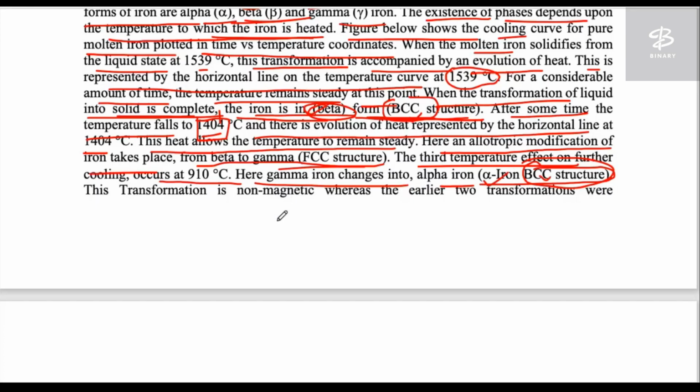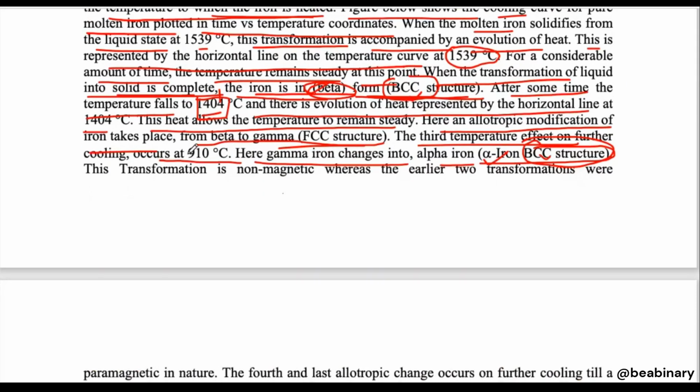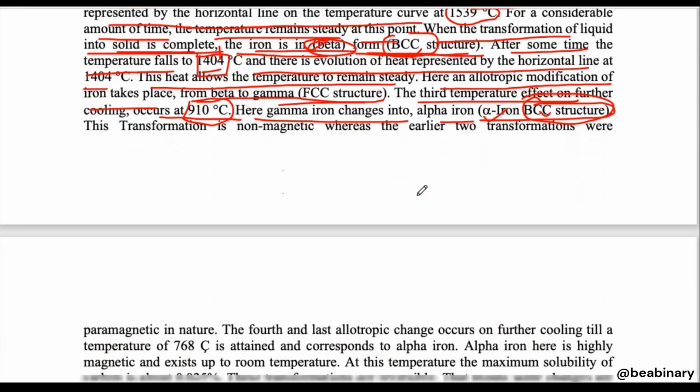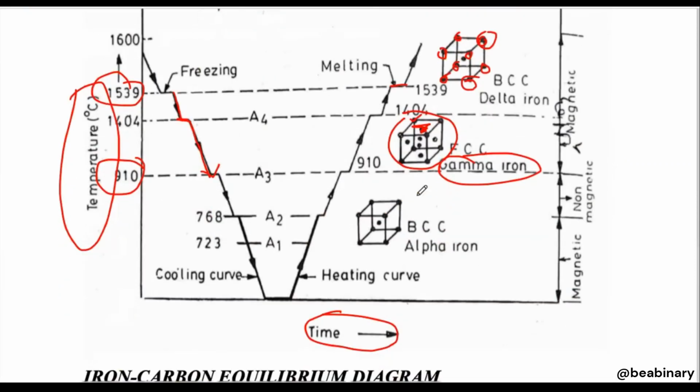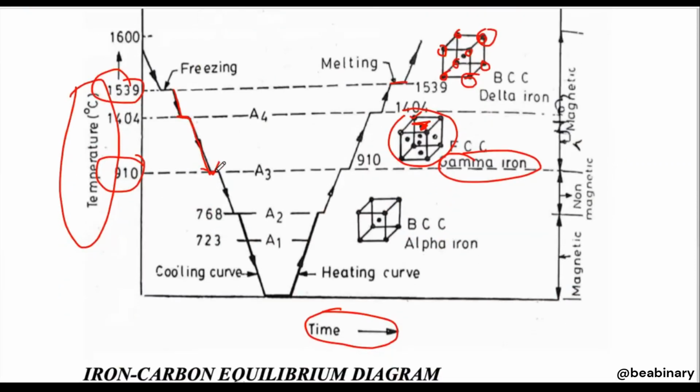Obviously the phase change occurs at 910 degrees C, and that would be at constant temperature. As you can see, this particular line indicates a constant temperature, meaning they are changing their phase.